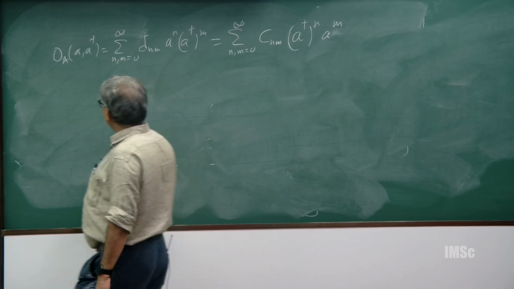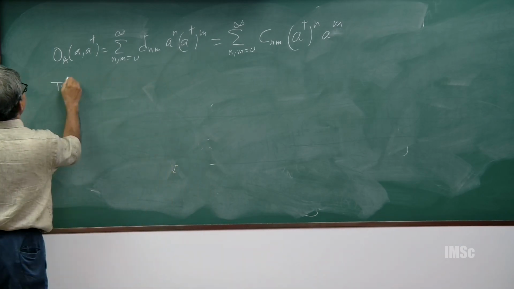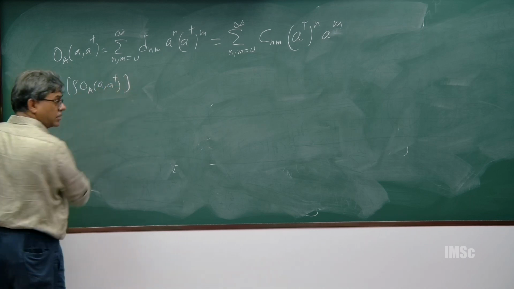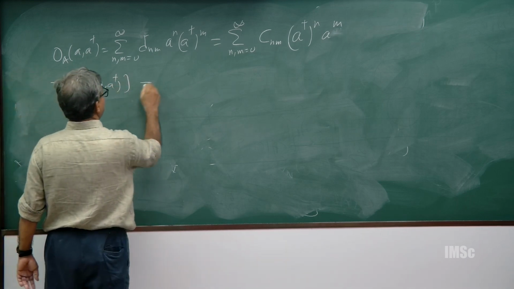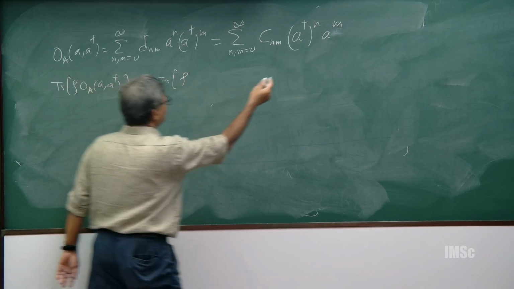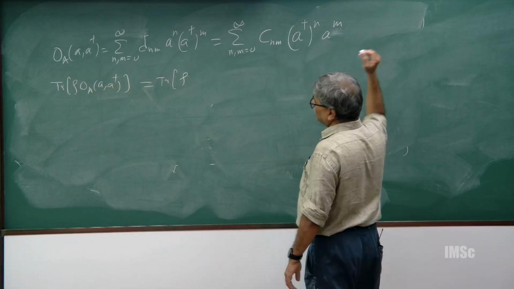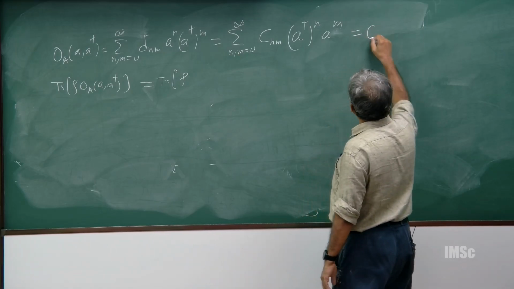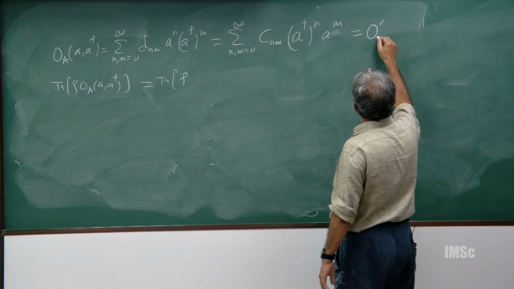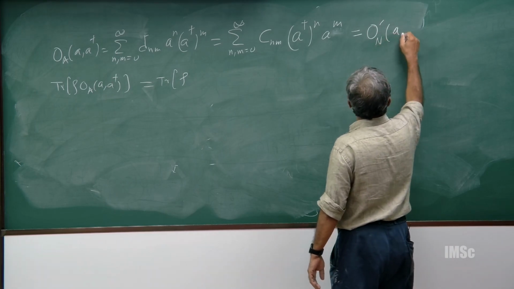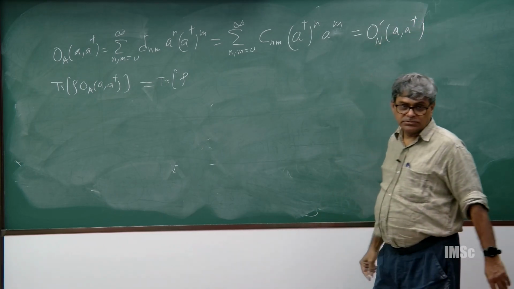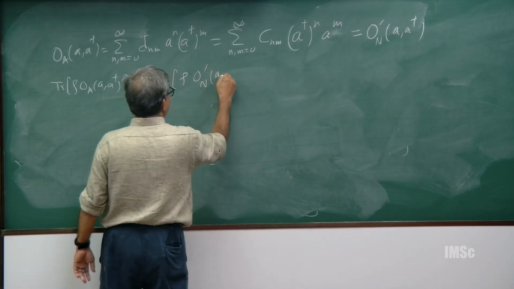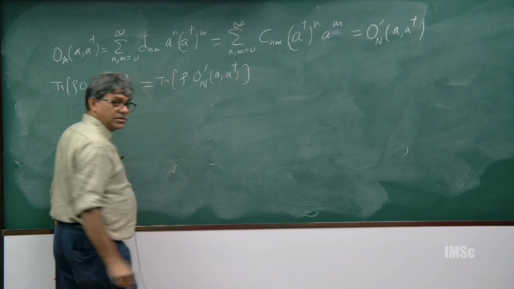So, now if I look at the trace of rho O of A, A dagger, of course this will be the same as the trace of rho O prime of A, A dagger, right. Okay. So, this is of course the same as O prime, no doubt of it.